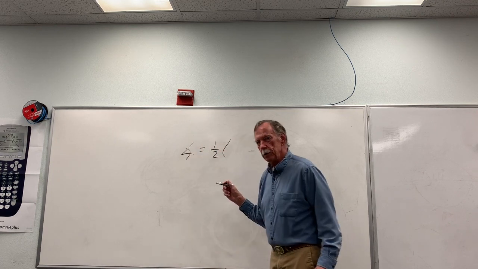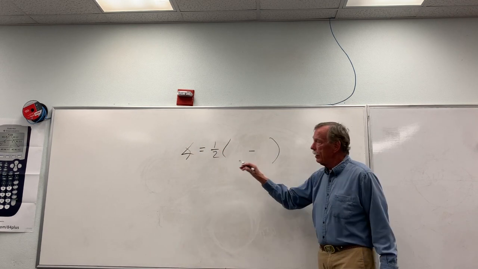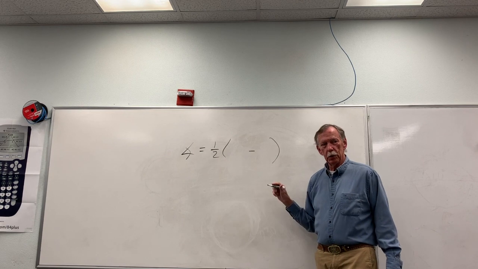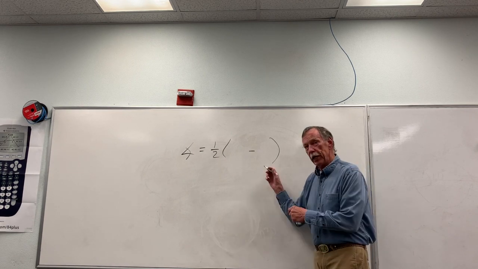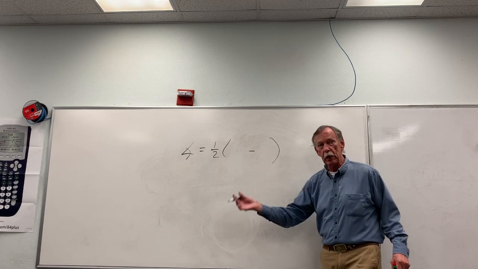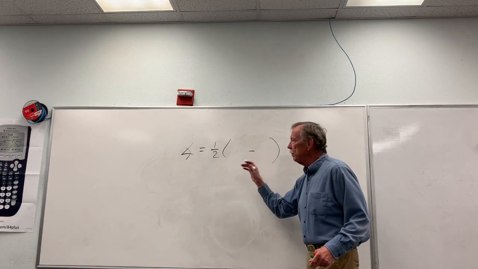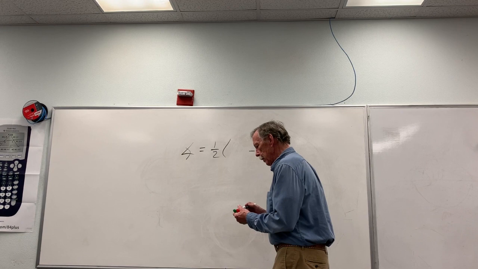In review, we said the angle when two tangents meet, or two secants meet, or a tangent and a secant meet outside the circle, can be found with this formula.